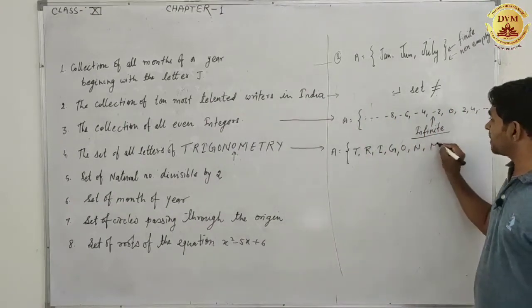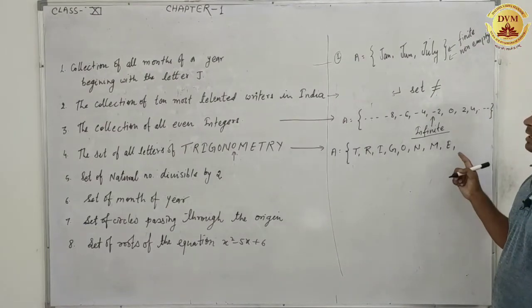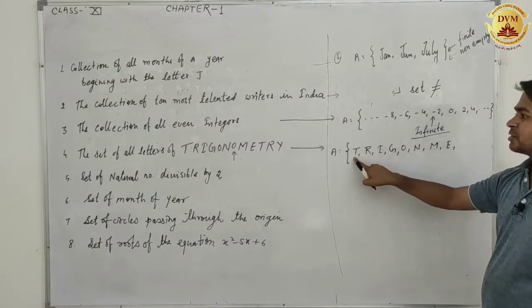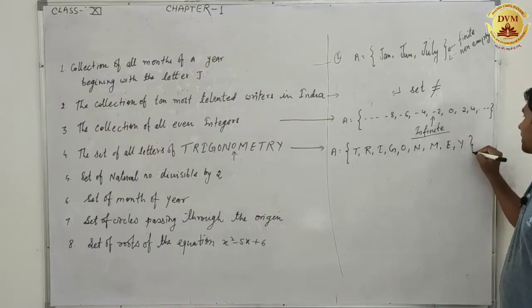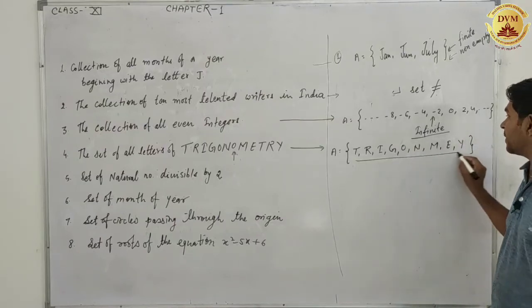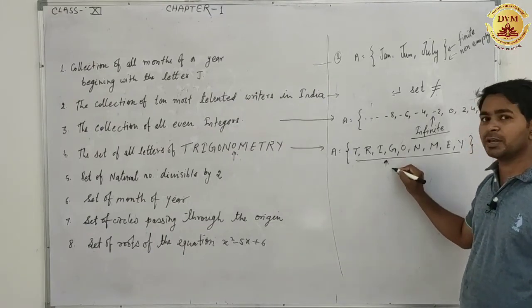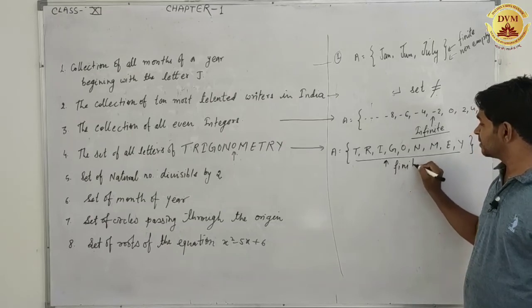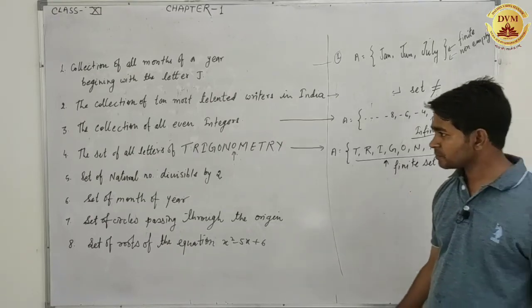Next is M, then E, and then T, which is already here, so we will not use it. R is also here, then we will use only Y. So the number of elements is countable, so it is a finite set, and also a non-empty set.